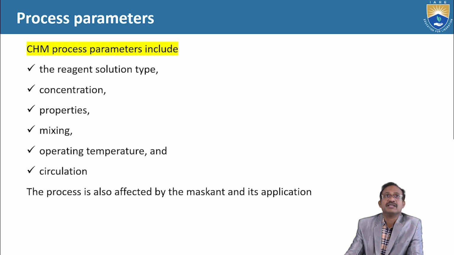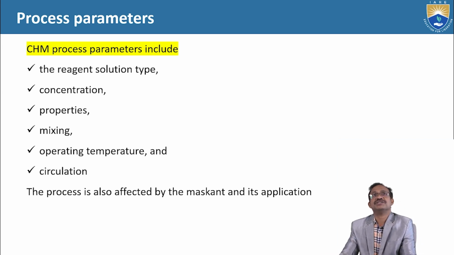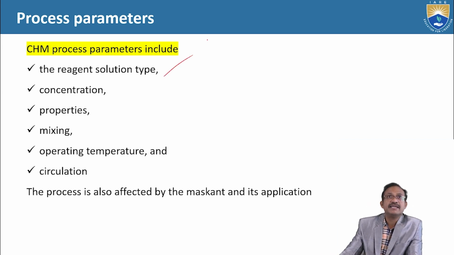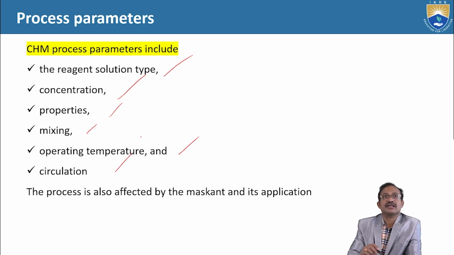Next, process parameters. Let us look at these so that with these properties we can address our limitations. The parameters are the etchant solution type, concentration, properties, mixing, operating temperature, and circulation.